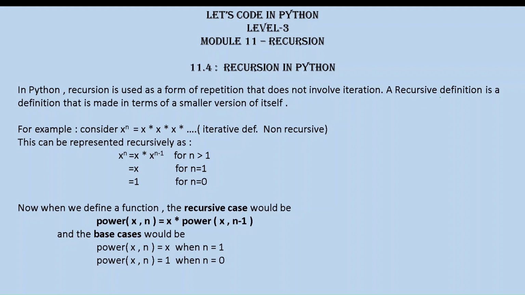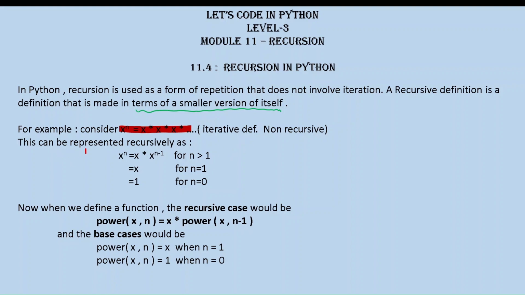A recursive definition is a definition that is made in terms of a smaller version of itself. For example, consider x to the power of n, which is x into x into x, and this is an iterative definition, non-recursive, which has to go up to n times.